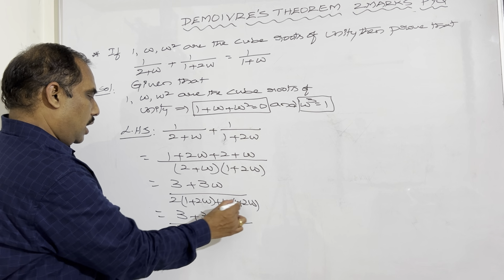So finally we get 3 plus 3 omega, you can take 3 common, so 3 into 1 plus omega whole divided by 2 plus 5 omega plus 2 omega square, where 4 omega plus omega is 5 omega. Further it can be written as 3 into 1 plus omega whole divided by 2 plus, and 5 omega can be written as 2 omega plus 3 omega, plus 2 omega square.